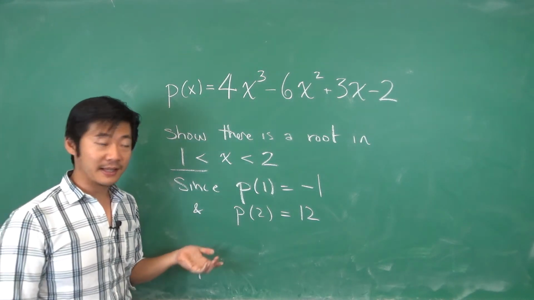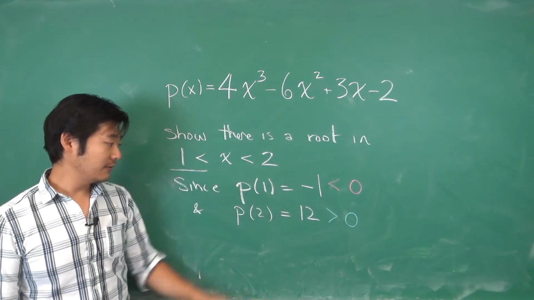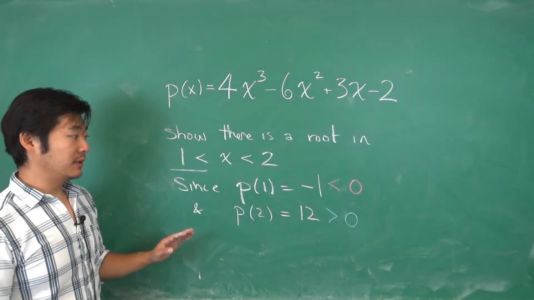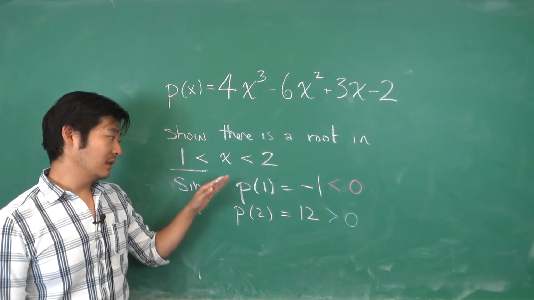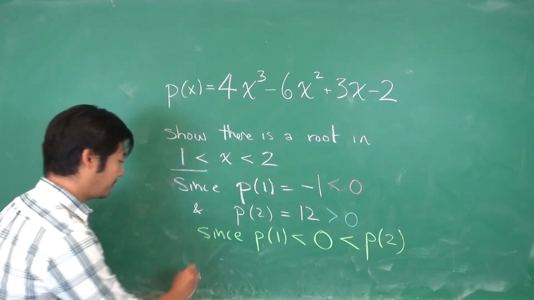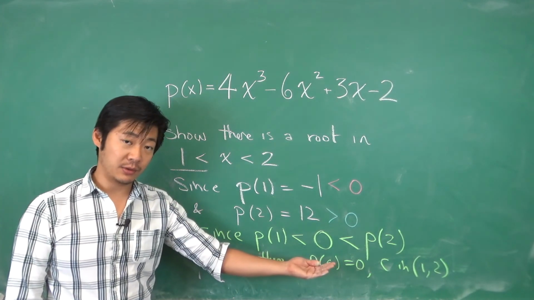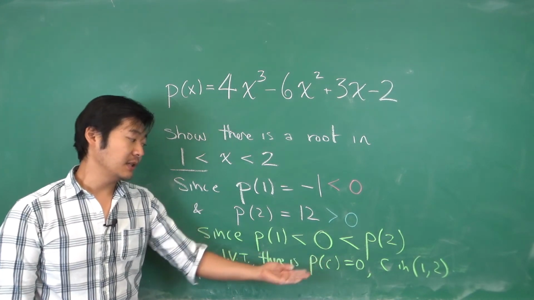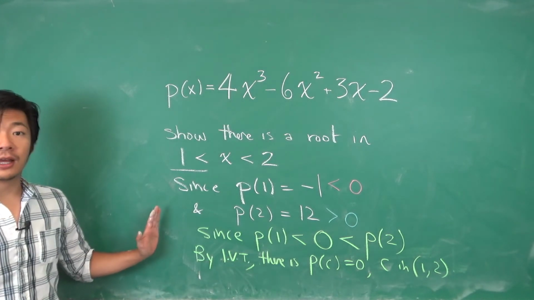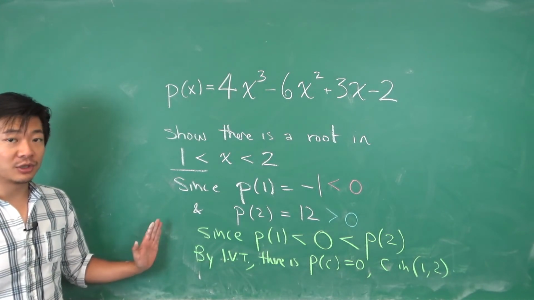Notice that p of 1 is negative, p of 2 is positive, so 0 is a number between a negative and a positive number. By the intermediate value theorem, there is a c between 1 and 2 such that p of c equals 0, which is a root. So here's one way that we can apply the intermediate value theorem to show that there exists a root.